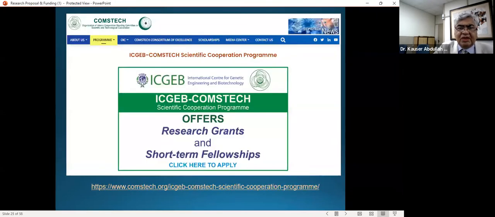Among the other organizations, small grants are available from ICGEB. ICGEB, as you know, is the International Center for Genetic Engineering and Biotechnology located in Trieste, Italy, and they have a collaboration with COMSTECH, which offers grants and short-term fellowships.